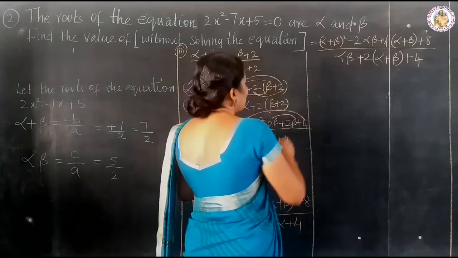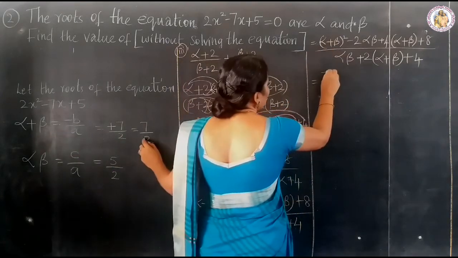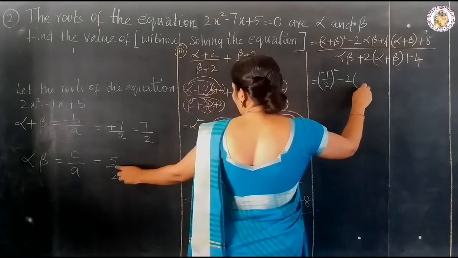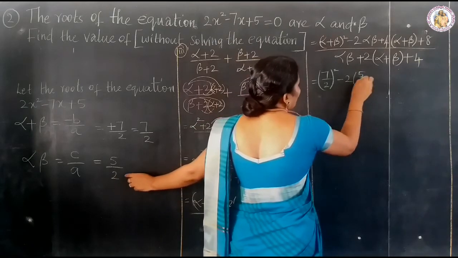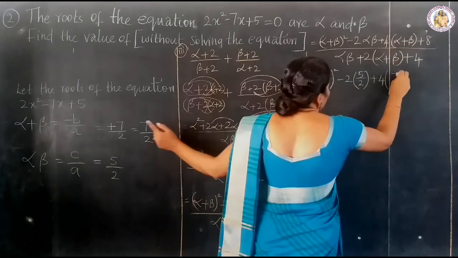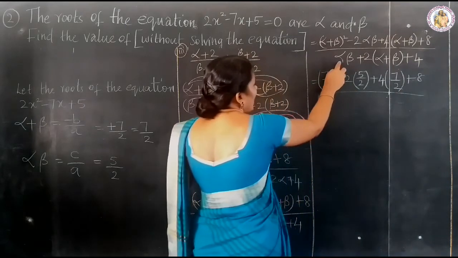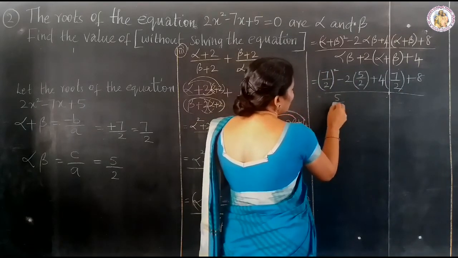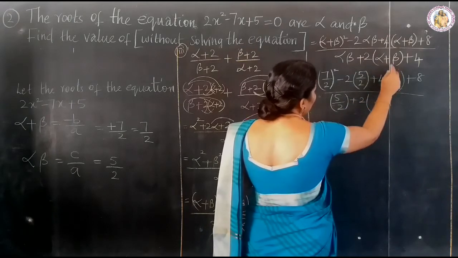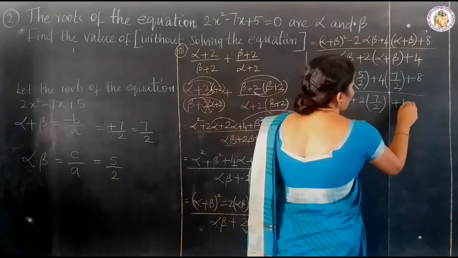Now you can substitute alpha plus beta is equal to 7 by 2: 7 by 2 whole square minus 2 times alpha beta, 5 by 2, plus 4 times alpha plus beta, 7 by 2, plus 8, divided by alpha into beta, 5 by 2, plus 2 times alpha plus beta, 7 by 2, plus 4.